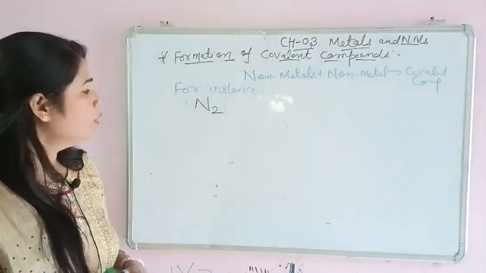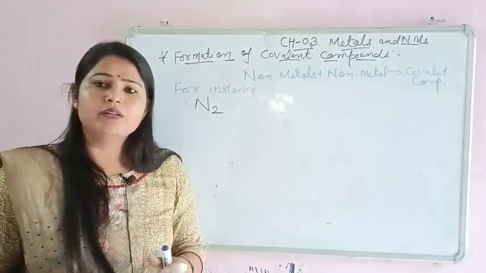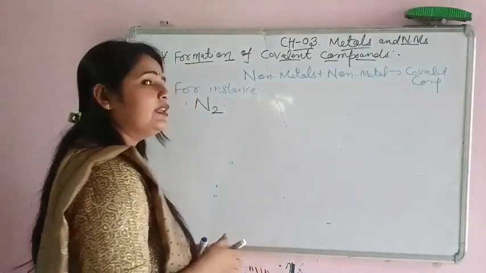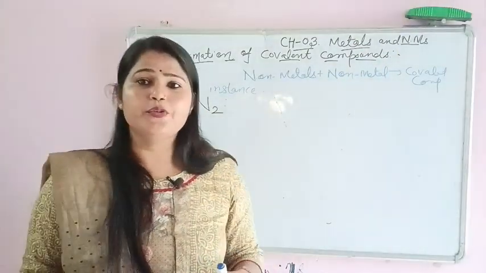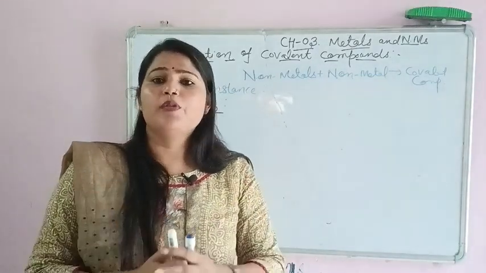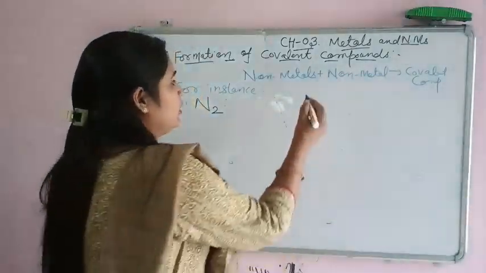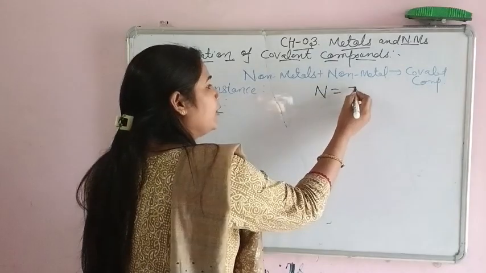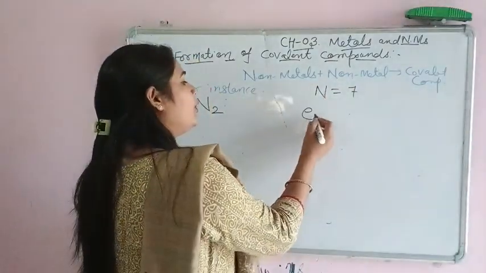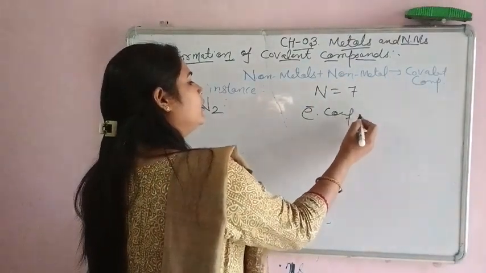In N2, two atoms of nitrogen are present. So firstly we have to work out the electronic configuration of nitrogen. What is the atomic number of nitrogen? The atomic number of nitrogen is 7.